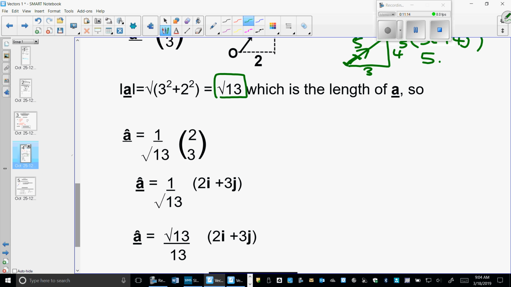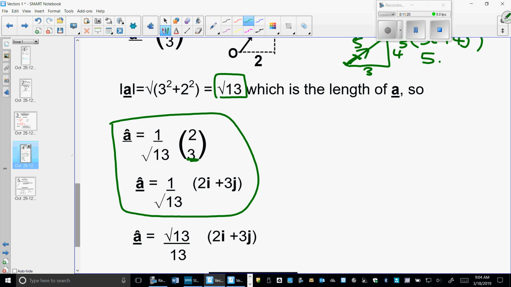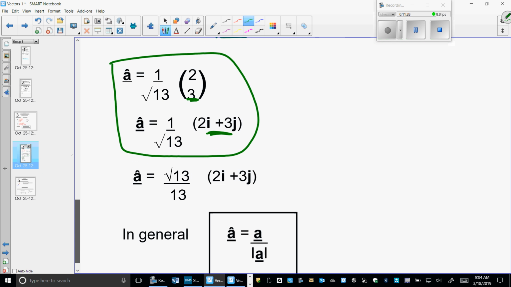Now, these are both equivalent statements. In fact, all 3 of them, because this is our column notation and this is our IJ notation, so we know they are the same. But we've also learned that when we have a surd on the bottom, we normally rationalize it.